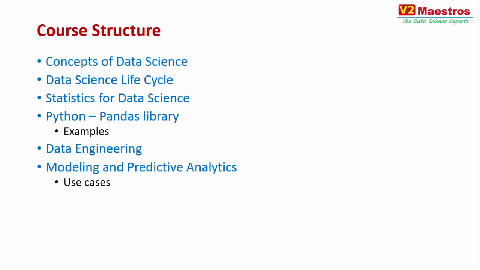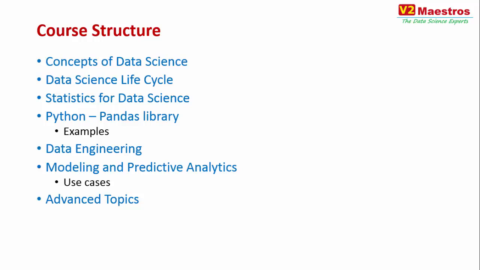We look at modeling and predictive analytics, where we look at various machine learning techniques, and we have a number of use cases for each of them. And these use cases typically walk you through all stages, right from data acquisition to transformation to prediction. And then finally, there are some advanced topics about neural networks and principal component analytics and stuff like that.